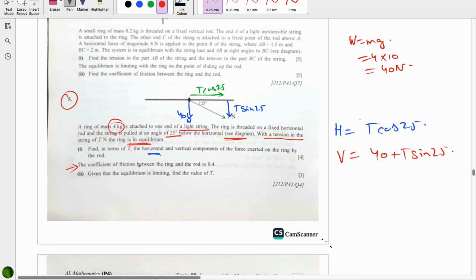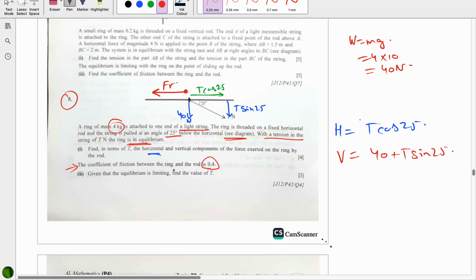The second part says the coefficient of friction between the ring and the rod is 0.4. So when we consider that friction is applied and a force is there, I will consider that it is moving towards the right-hand side, because there is only one horizontal force, which is towards the right, that is T cos 25. So my frictional component would be facing towards the left, opposite to motion.